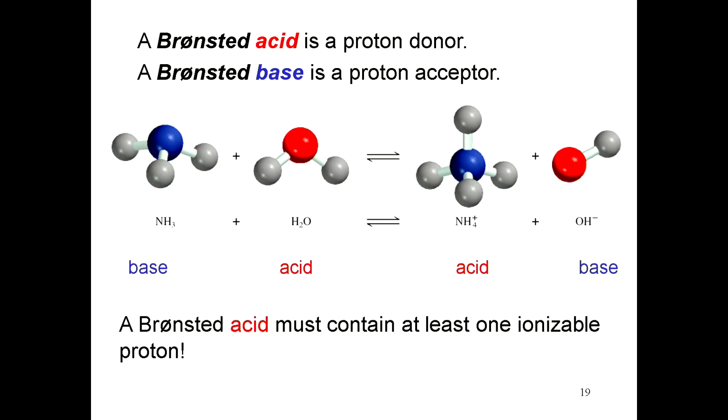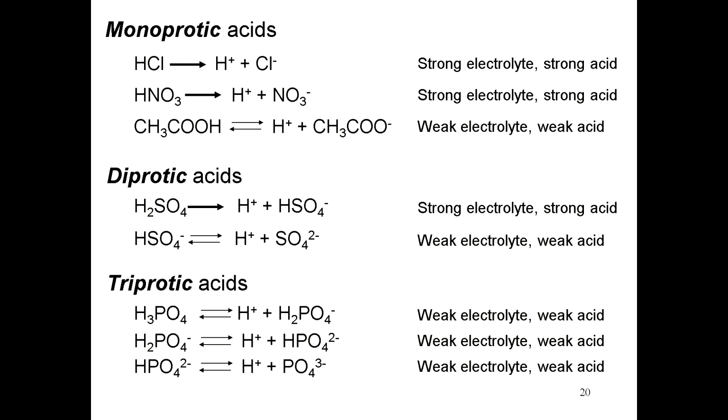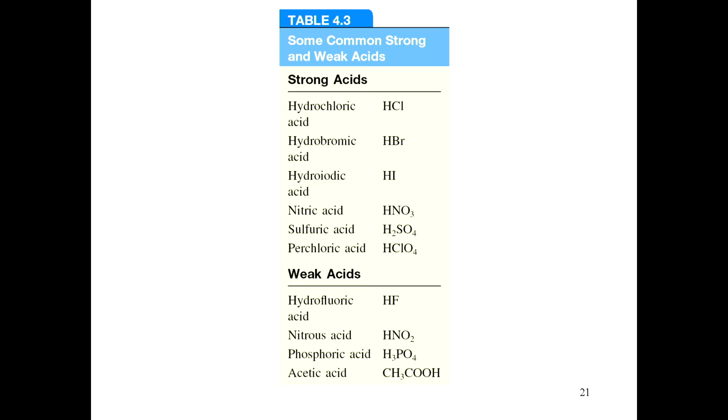And the second way is the donor or the acceptor. Here are some strong acids and weak acids. Strong acids can completely dissociate, but weak acids cannot 100% dissociate.